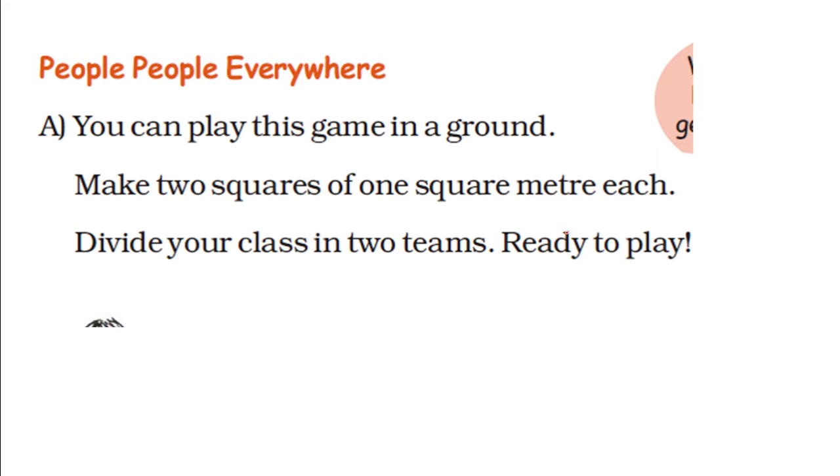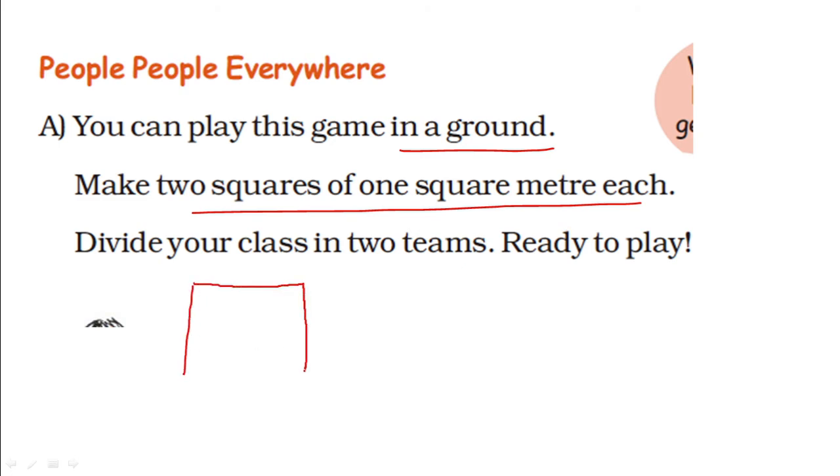You can play this game in the ground. This is a very simple game. You can do this activity at your home. Make two squares of 1 square meter each. We have to make two squares, and what is the side? 1 meter.